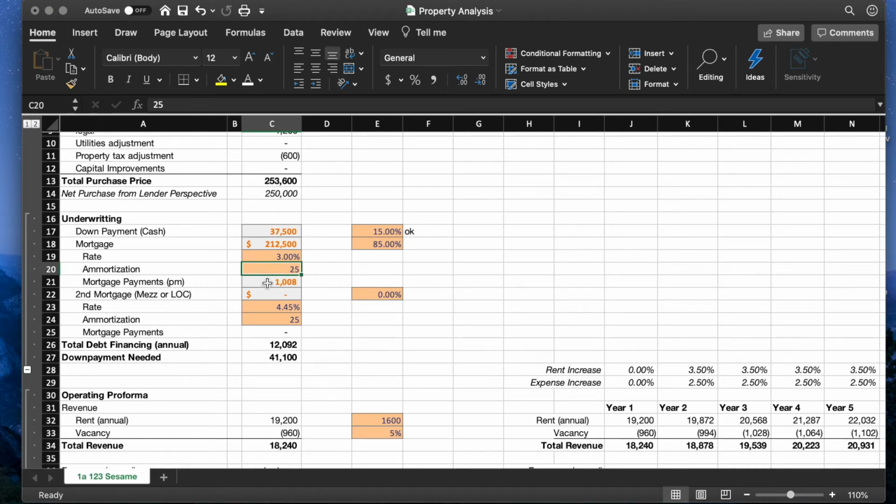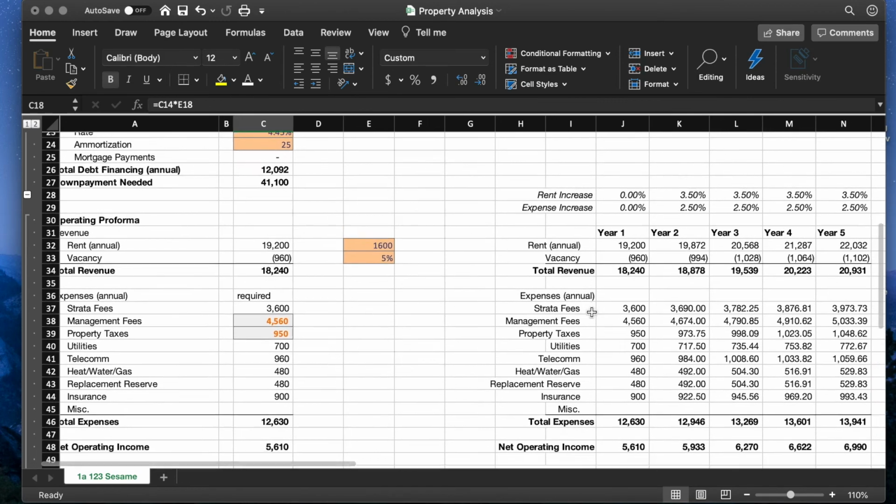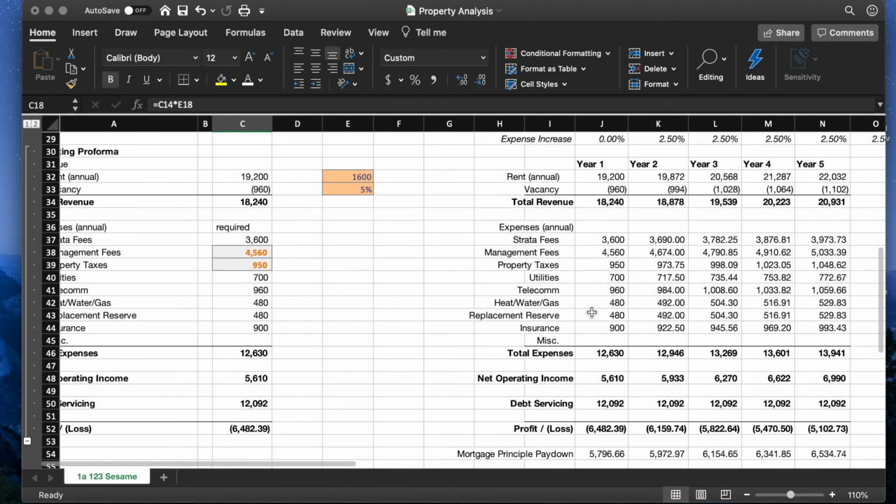And so in those mortgage payments of $1,000 a month, there is a component that is paying for interest that goes to the bank and stays with the bank, but then there's a component that's paying for the principal, which is paying down how much you owe the bank. So over the first year, that principal may go from $212,000 to maybe $207,000.